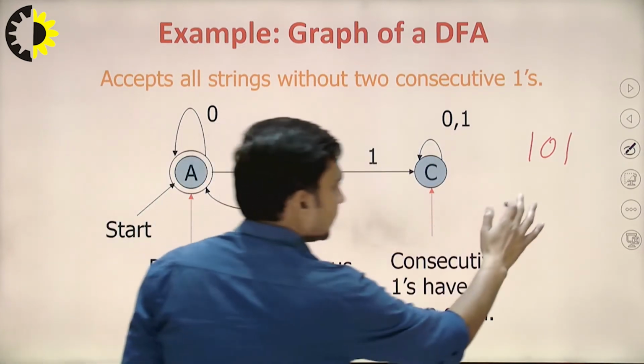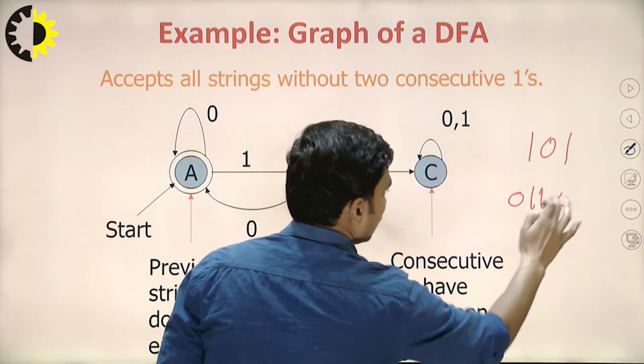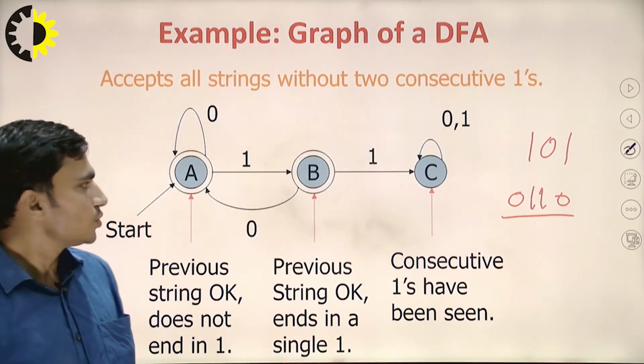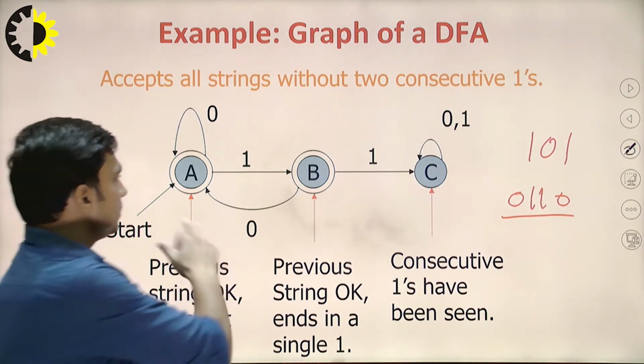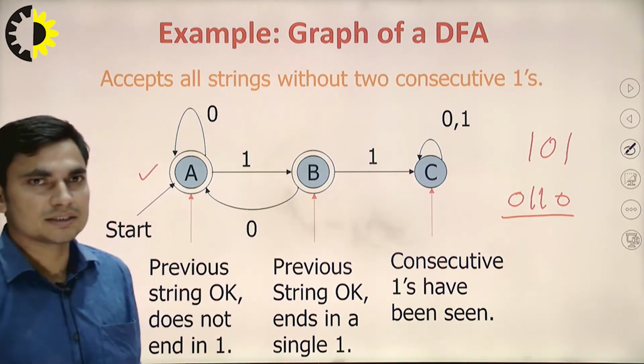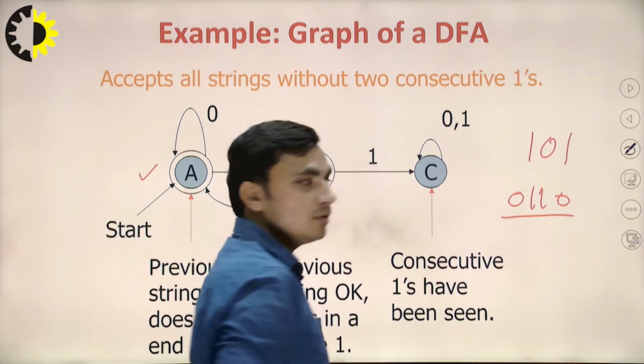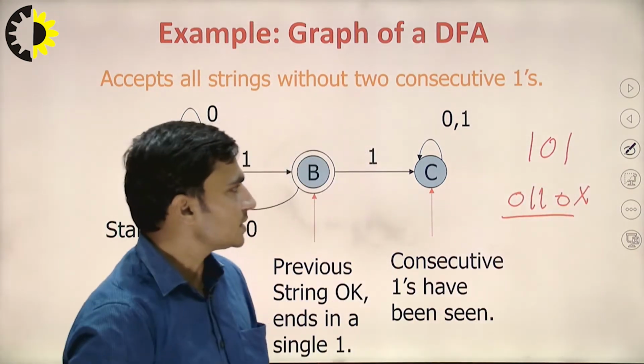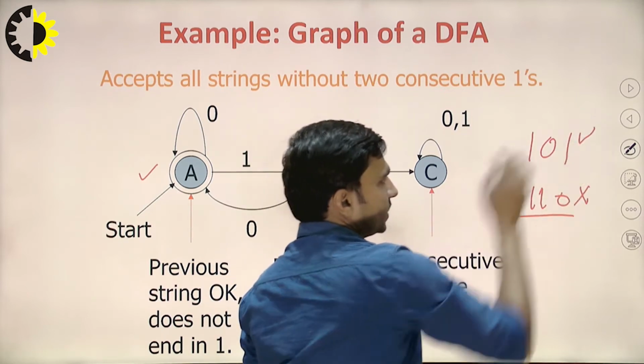If we have 0110, then this string has two consecutive ones. This DFA will not accept any string having two consecutive ones, so this will not be accepted, and the other string will be accepted.